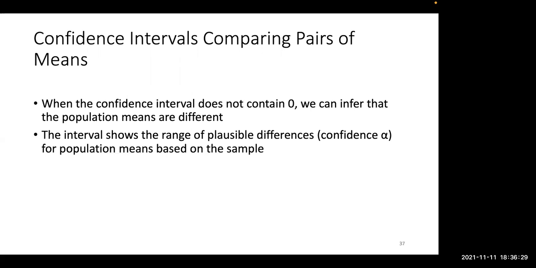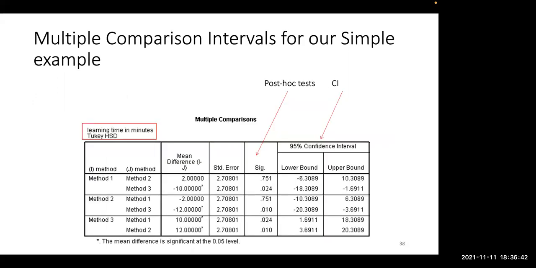What you can basically employ here, graphically and in terms of hypothesis testing, is building confidence intervals. And if the confidence intervals that you're building do not include the zero difference, like, for example, here with method 3 versus method 1, you can conclude that there's a significant difference.